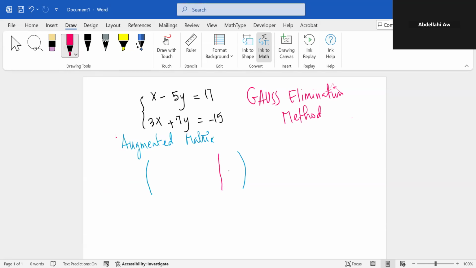On the left side, we put the coefficients that we see on the left side of the system: 1, -5, 3, and 7, exactly in order. 1 here, -5 here, 3 here, 7 here.